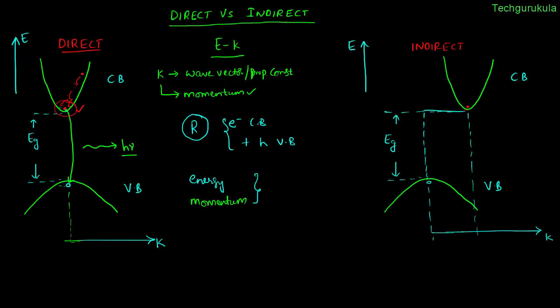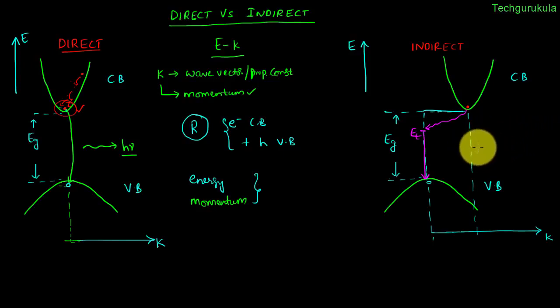So in order to assist and accelerate this process, usually we'll assume that there is an intermediate state introduced because of dislocations in the crystal, which means the crystal is not perfect, or intentionally introduced energy states in the energy band gap to decrease the carrier lifetime, so that this will assist the electron to actually lose the momentum and energy at the same time and come to this intermediate energy state and then recombine with the hole in the valence band. In general, in indirect bandgap semiconductors, the recombination is non-radiative in nature.